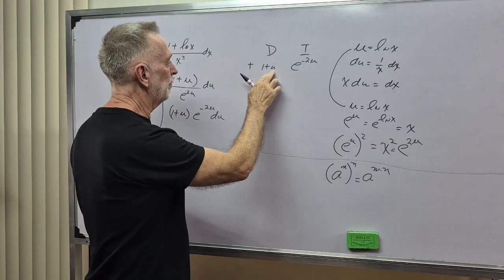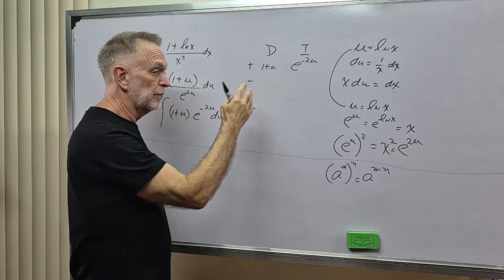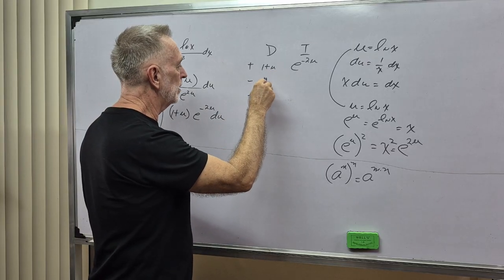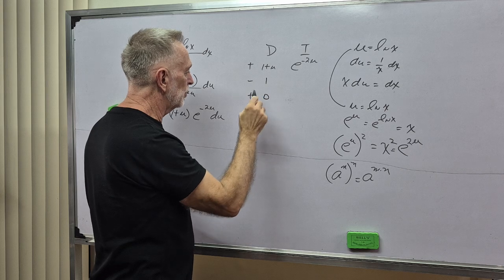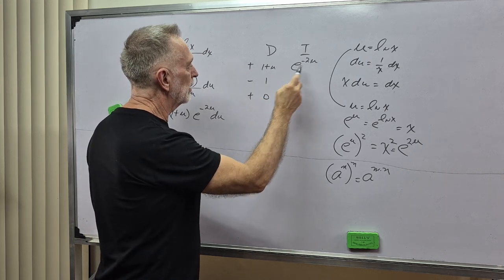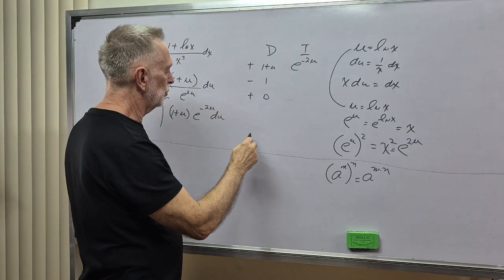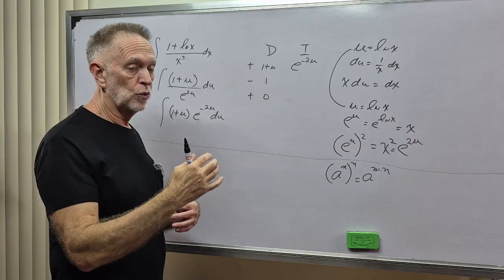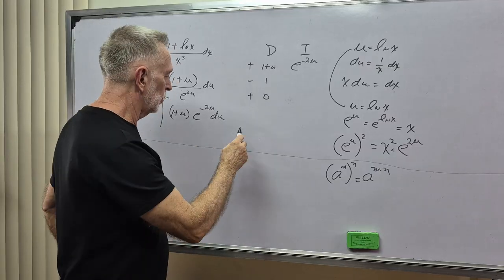So the derivative of 1 plus u, the derivative of 1 is 0. Derivative of u would be 1 du. And if we do that again, we get 0. All right, so the integral of e to the minus 2u, the integral of e to the u du.